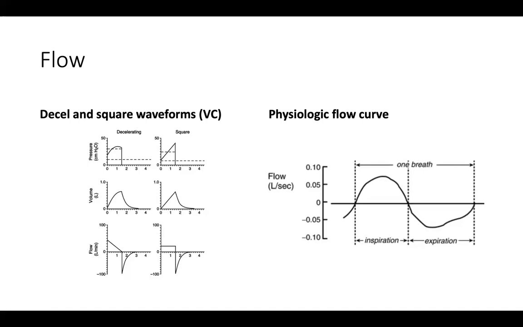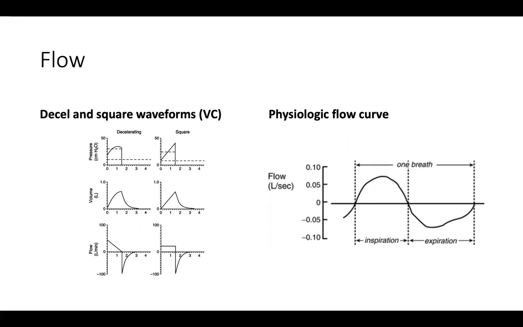I think a couple of important things to appreciate about this is that if you're comparing the two different waveforms, the square waveform is going to deliver the breath faster than the decelerating waveform. And this can become important in patients who are air hungry and who you really need to get that breath in quickly. If a patient is auto-PEEPing and they're not getting all of that air out from breath to breath, you might opt to do a square waveform because that's going to help get all the air in faster to then give them more time to exhale.